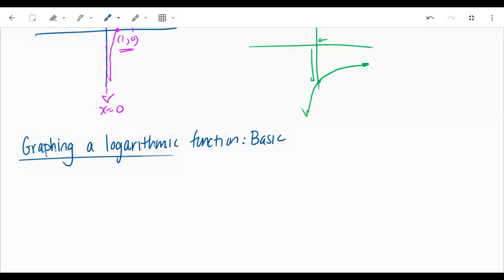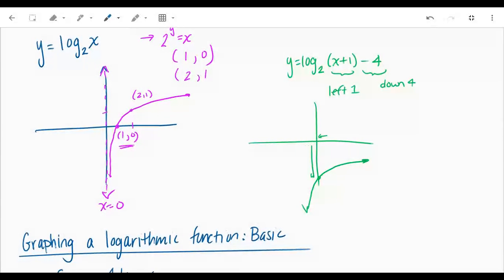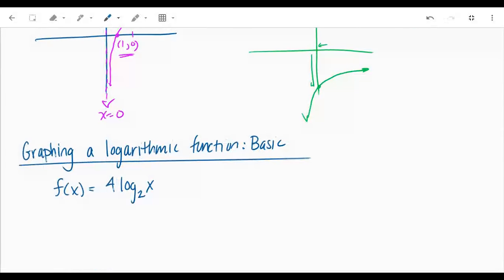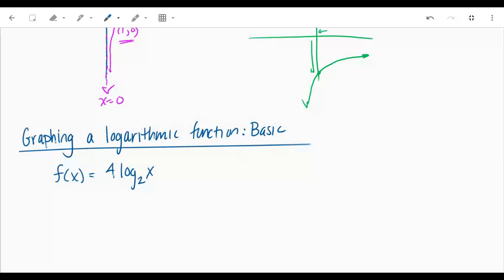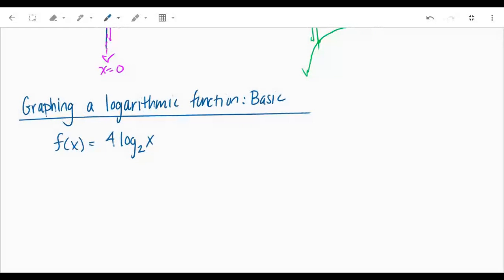They want us to graph f of x equals 4 log base 2 of x. They want 2 points and the asymptote. So we go back up to the one that we drew up here, log base 2 of x, right? And the 2 points you want to use are when x is 1 and when x is 2, and get the transformation.